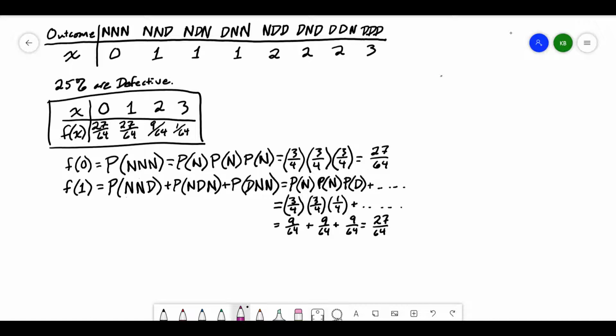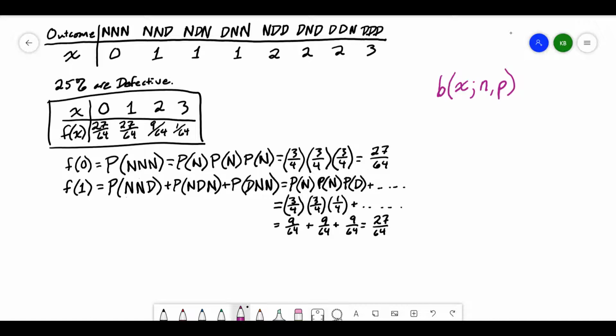So binomial distribution tells me if I want to know what my probability distribution value is at x when I have n trials, each with p probability of success.